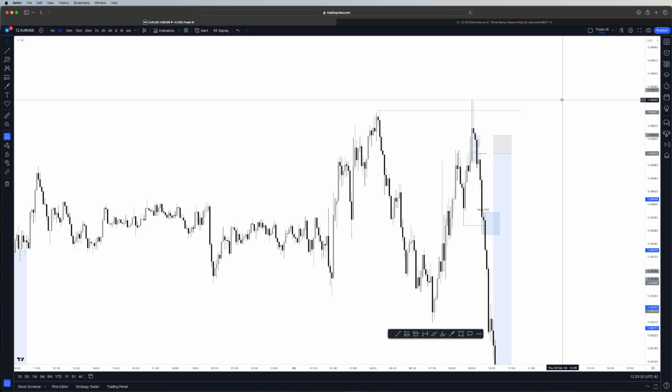I need to know where we are externally so I can find an internal play, because I only favor continuations over reversals. Then step two, I need fuel in order to go from point A to point B on the roadmap. But that fuel is nothing without a vehicle, and that vehicle is my trading model.